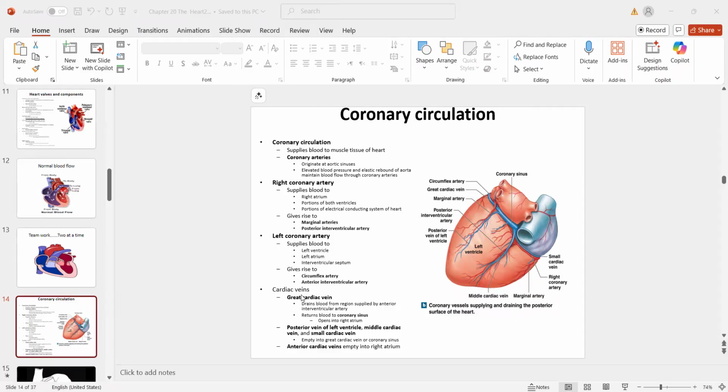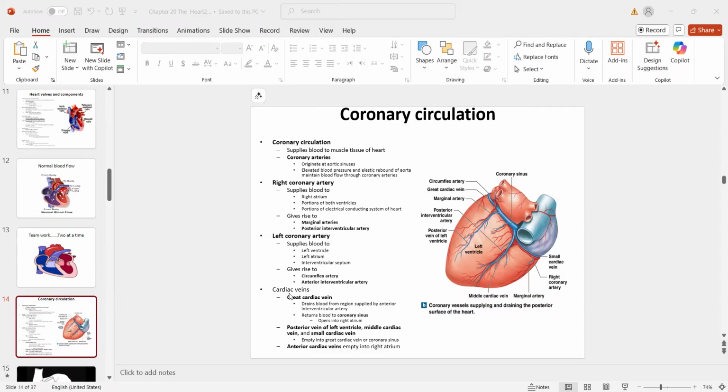Cardiac veins: the great cardiac vein begins on the anterior surface of the ventricles along the interventricular sulcus. This vein drains blood from the region supplied by the anterior interventricular artery, which is a branch of the left coronary artery.